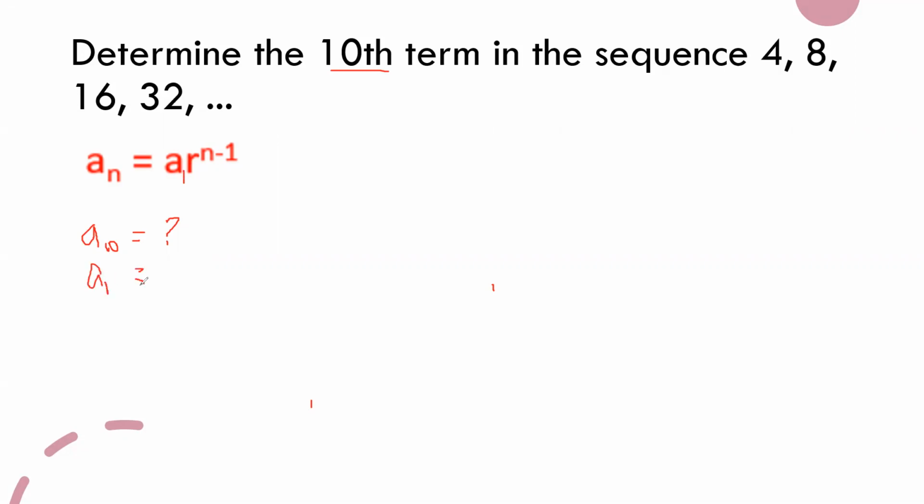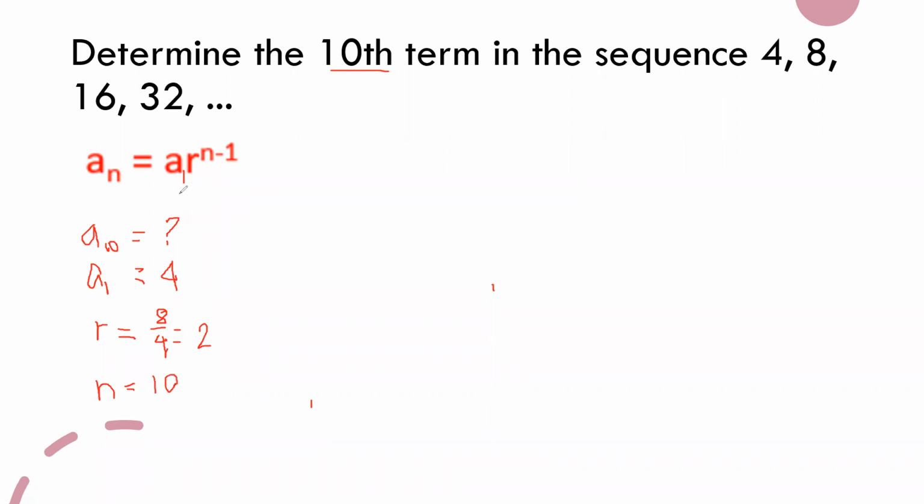It's 4, the starting number. What is our r? Our r comes from the second term divided by the first term, so 8 divided by 4 is 2. That's correct. And our n is 10, since we're looking for the 10th term.